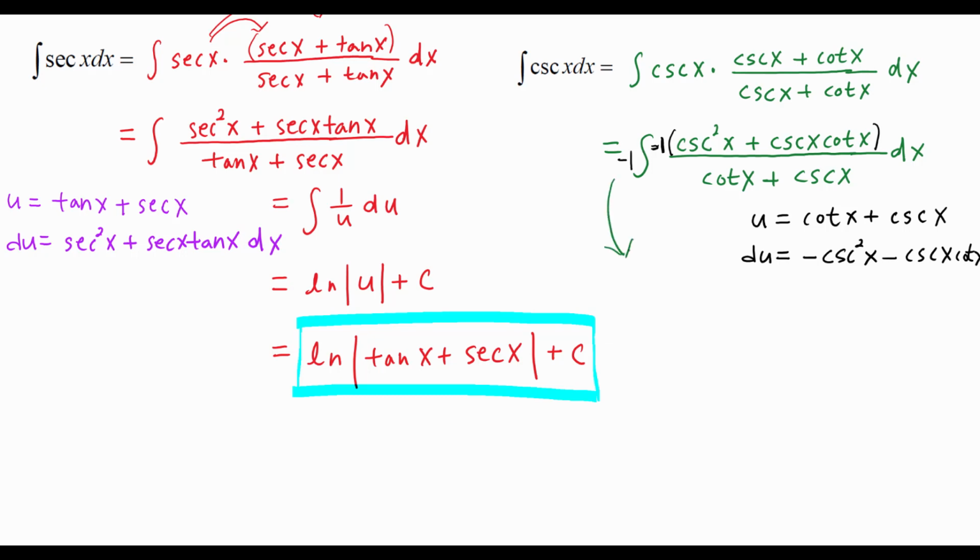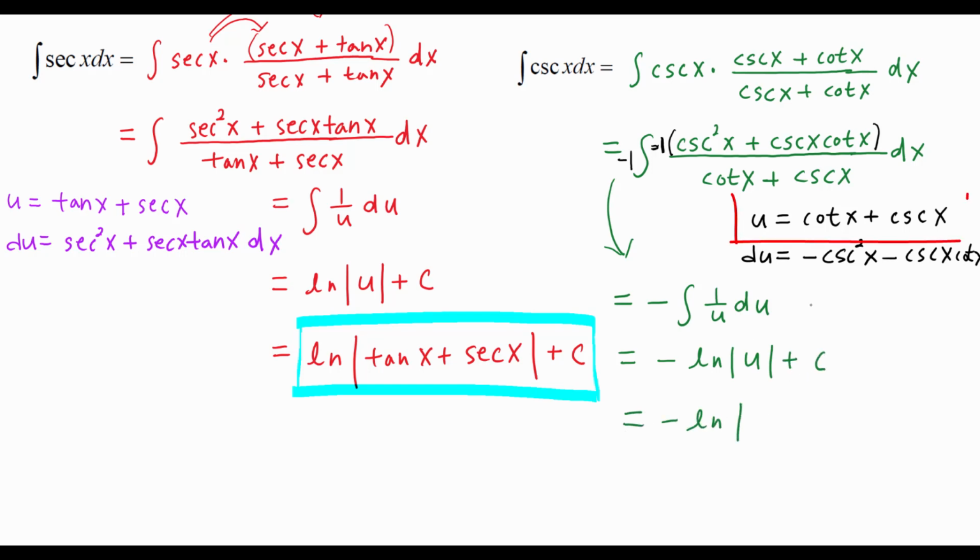So then this becomes negative integral of 1 over u du, which is equal to negative ln absolute value of u plus c. And what was my u? My u is cotangent x plus cosecant x, plus c. And that is my final answer.